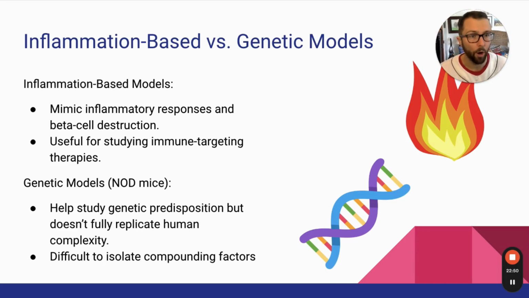I'm referring to autoantibodies here specifically, and ways to create buffers for the beta cells, whether it be hiding or neutralizing autoantibodies so that the immune system isn't able to recognize it and preserve the beta cells that way. That's the idea behind the NOD model. But in both cases, both of these models, it doesn't fully replicate the complexity of human development because it's difficult to isolate compounding factors.